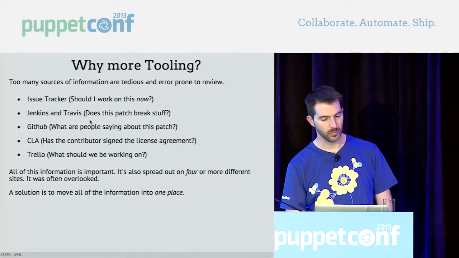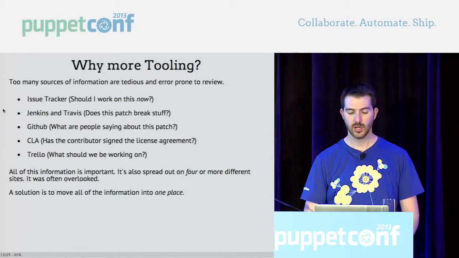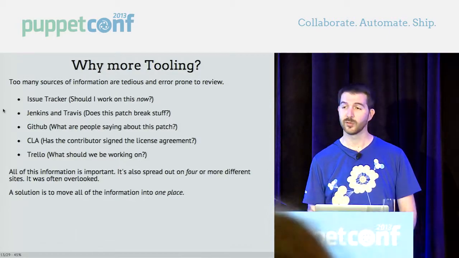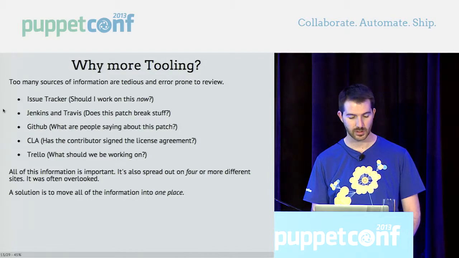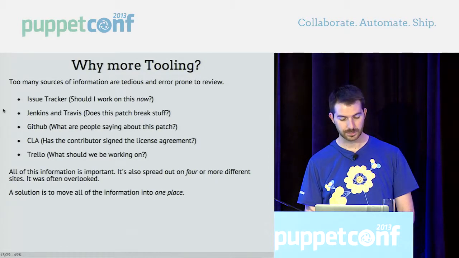So the Puppet Webhooks tool is pulling information in from our issue tracker, from Jenkins and Travis, from GitHub, from our contributor license agreement system. Has the contributor signed a license agreement? Can we merge their code in? And then it presents it all onto Trello.